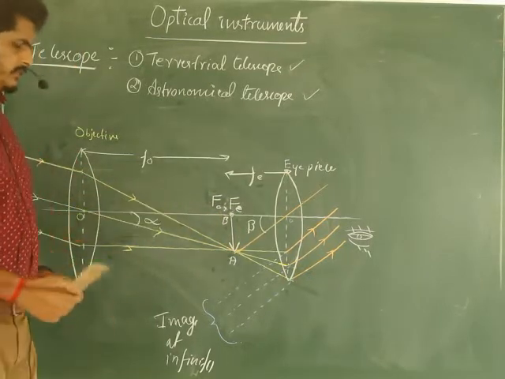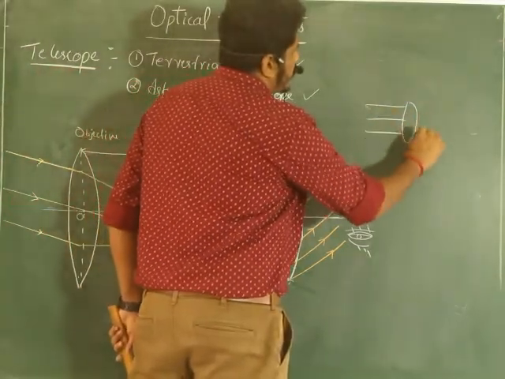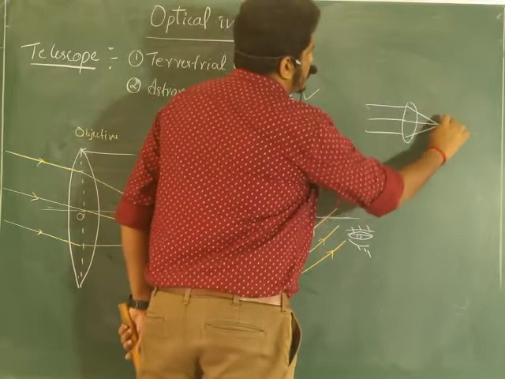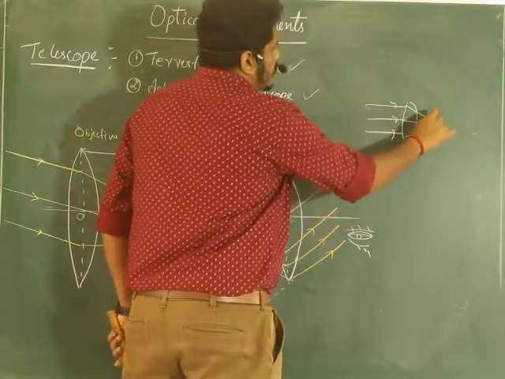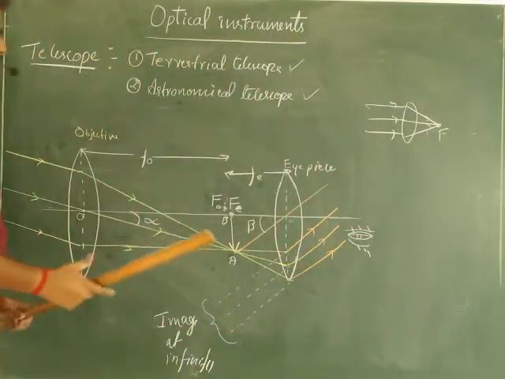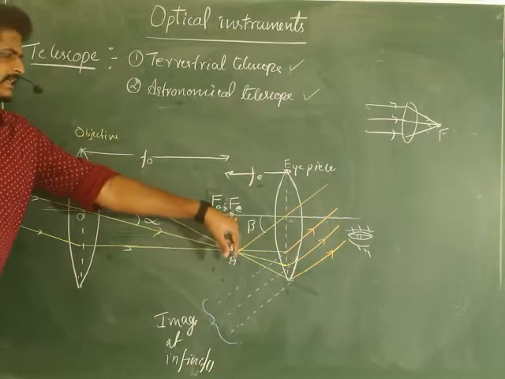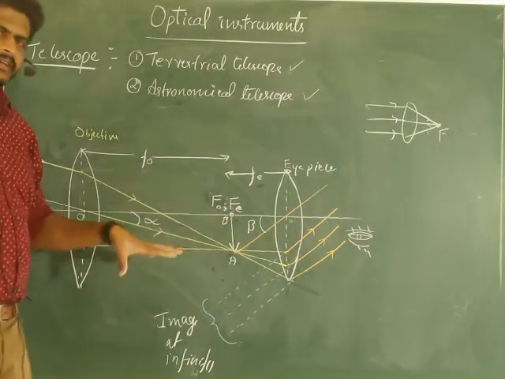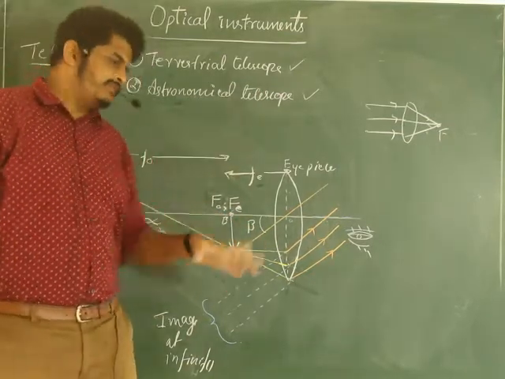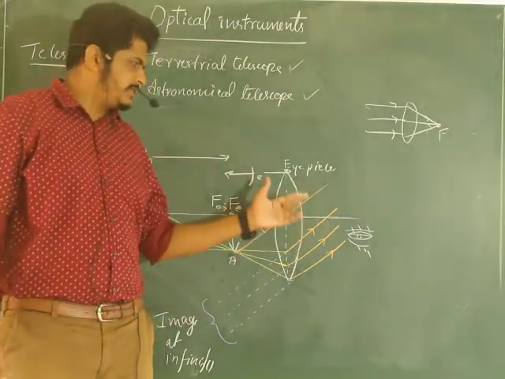For example, if a parallel ray of light comes and is incident on this lens, it has to form an image, right? Basic. That is the focal length of a lens. Same. So need not explain once again. So this point is where the image is formed. That will be the principal focus of the objective plus the principal focus of what? Of course, that is the eyepiece.